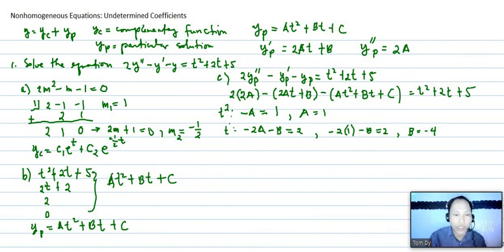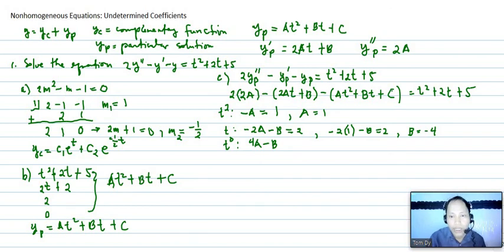T raised to 2, t raised to 1, t raised to 0. Or in other words, these are just numerical values or coefficients without t. So this one, there's no t. So 4a. And then the other one, that is negative b.